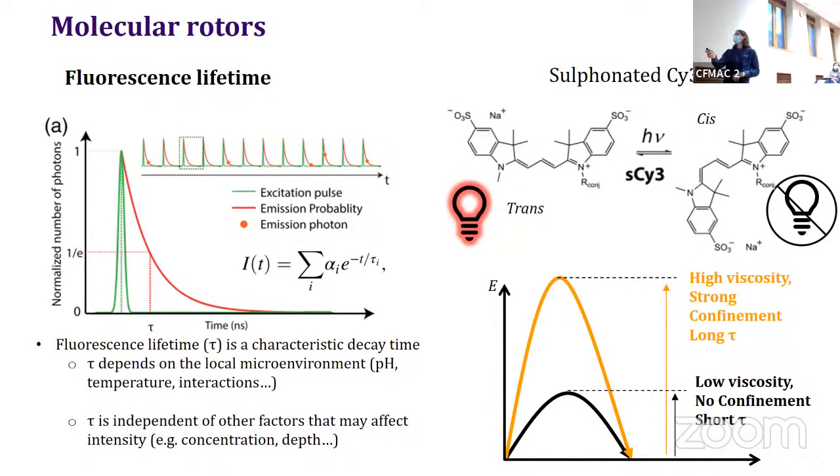So when you are exciting it, it's in this configuration, and when it comes back here, that rotation is going to be more difficult if you're in a viscous environment. Very clever.